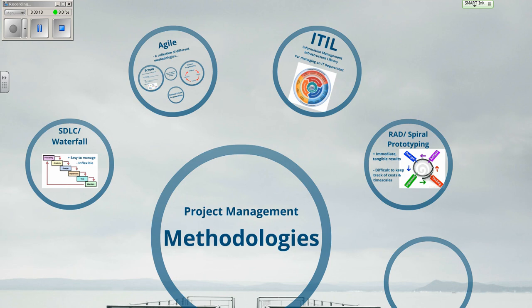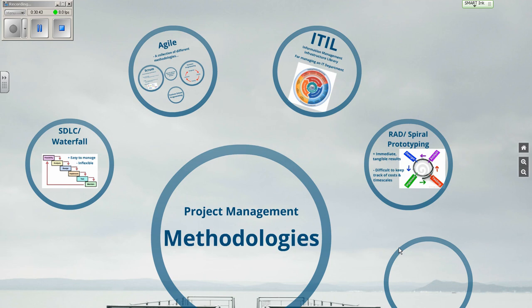So maybe ITIL can include Prince 2. We talked about that before, but I'm just trying to help build a model of how these work. So Prince 2 is compatible certainly with these three, and you may well use Prince 2 within your ITIL environment.